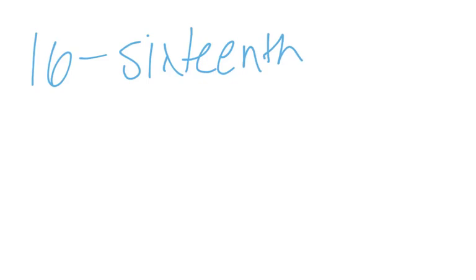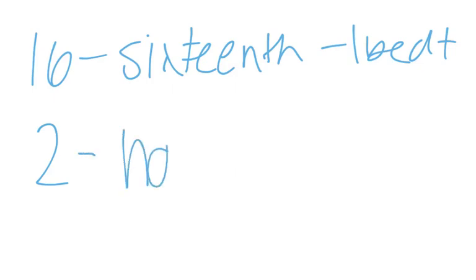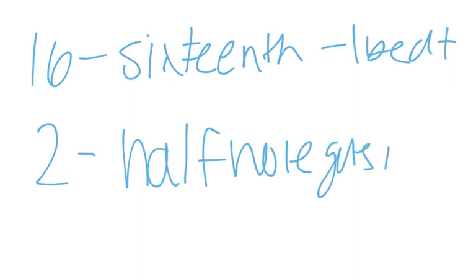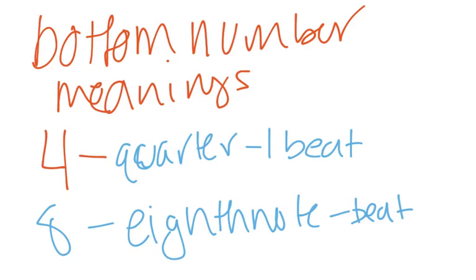Same idea if the bottom number is 16, then a 16th note gets one beat. And last one, if the bottom number is a 2, that means a half note gets one beat.